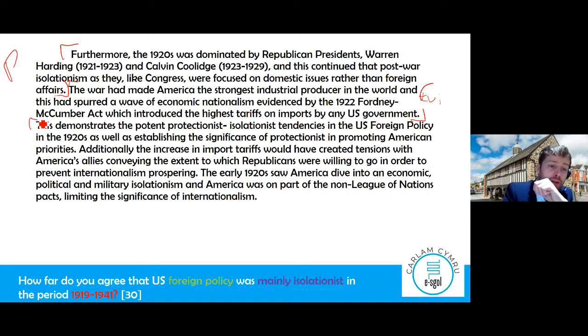Following that, I've begun to explain. That next sentence is my explanation. Whilst the second to last sentence is the beginning of an evaluation because I'm trying to compare. And then that last sentence is the conclusion and link.